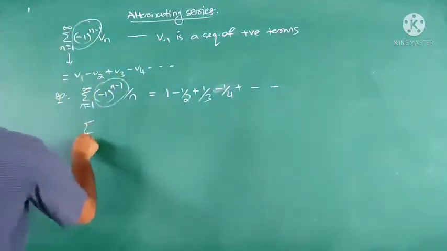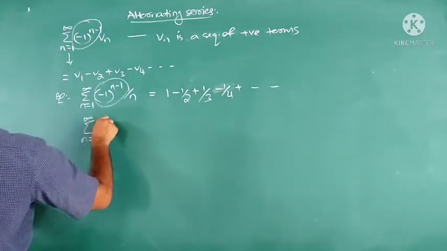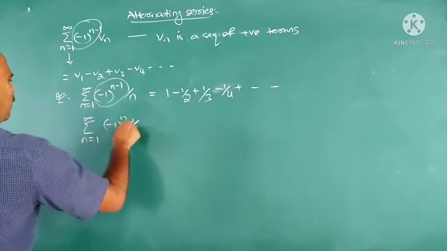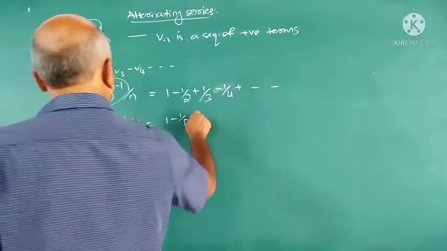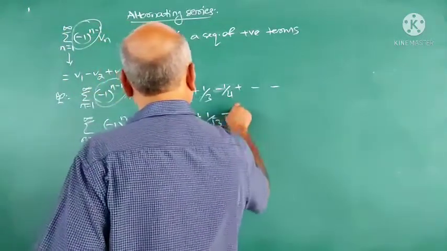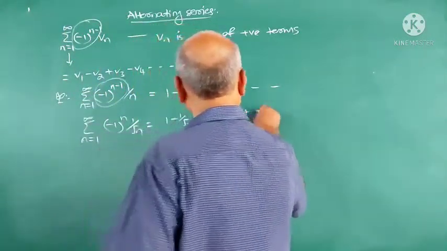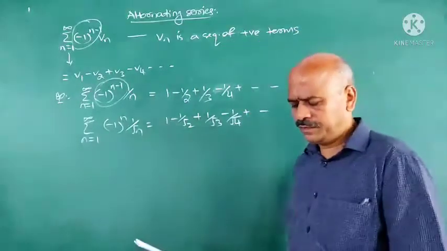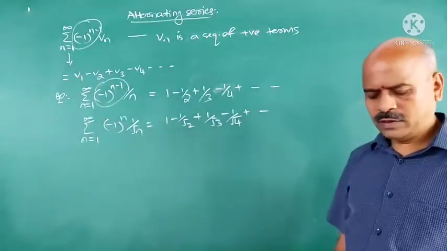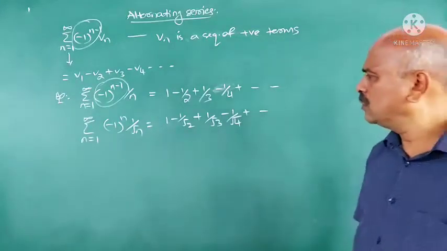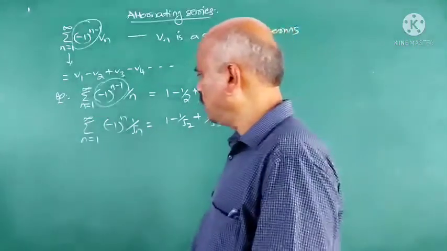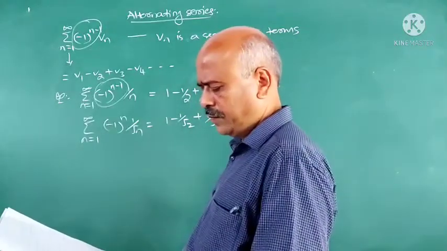Next is sigma 1 to infinity minus 1 raised to n, 1 upon root n. It is 1 minus 1 by root 2 plus 1 by root 3 minus 1 by root 4 plus so on. N is equal to 1 to infinity, correct?